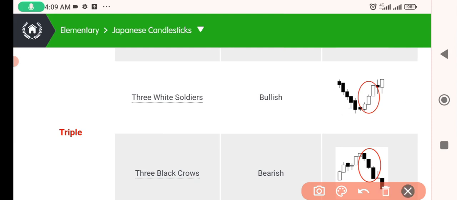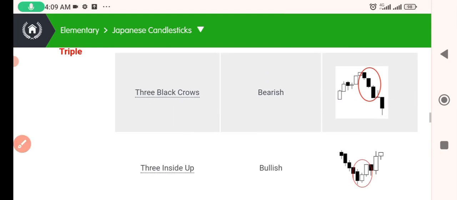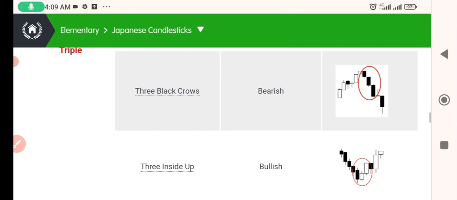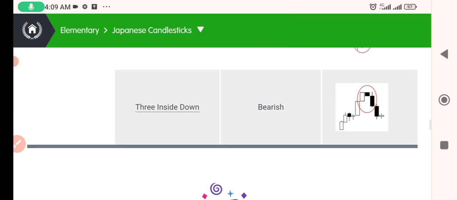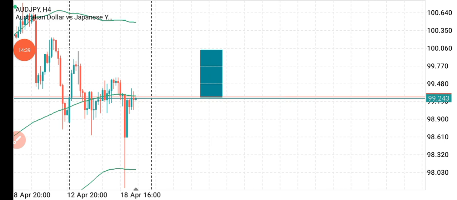Remember, you don't trade candlesticks in isolation. It must be traded in a zone, and all these are applicable, as you can see, in all areas of your trade.